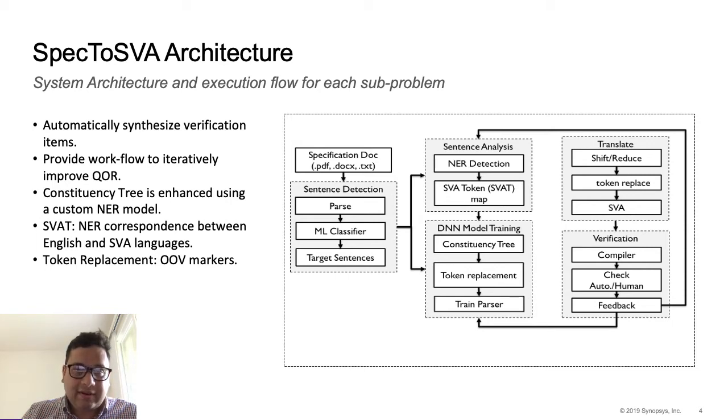Once the SVA is created, we verify it in the compiler and we also check it manually. If something needs to be corrected in the SVA, we correct it and provide it as part of training data for next model training.